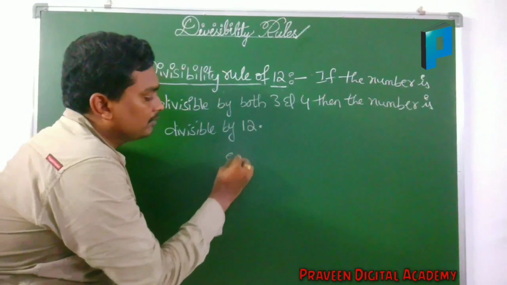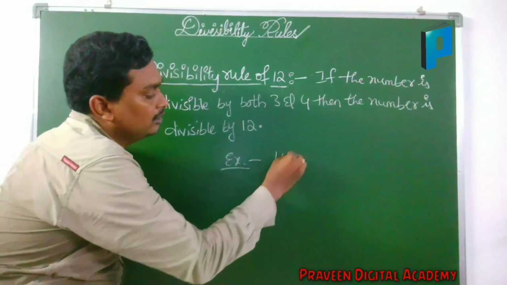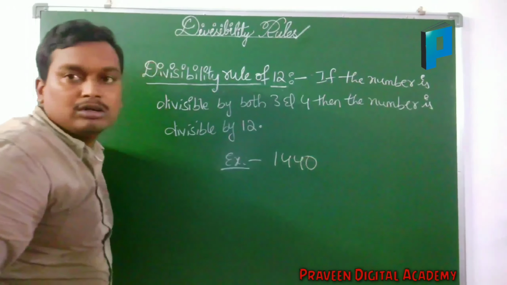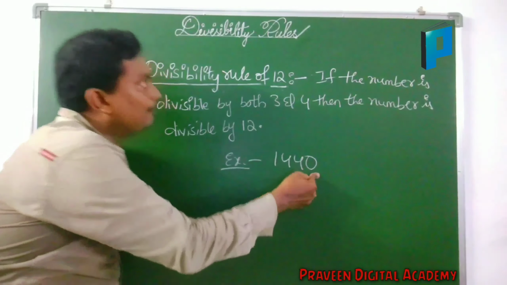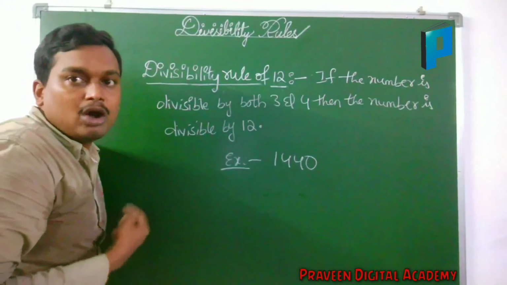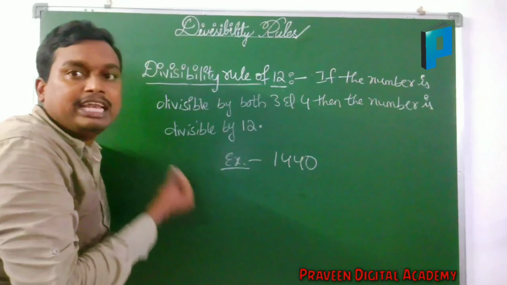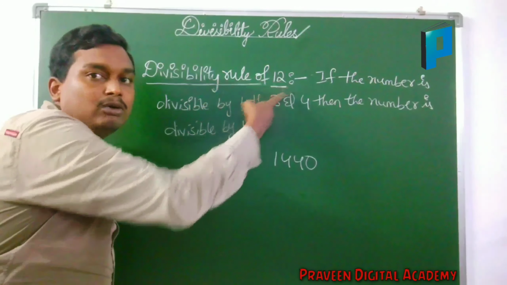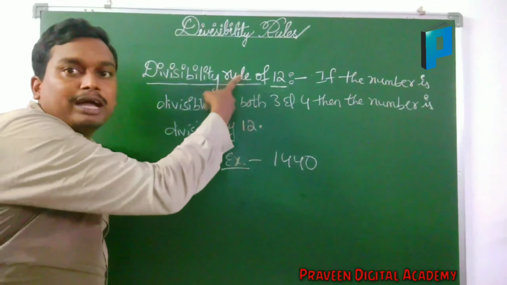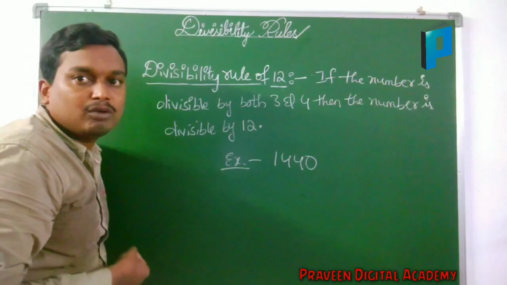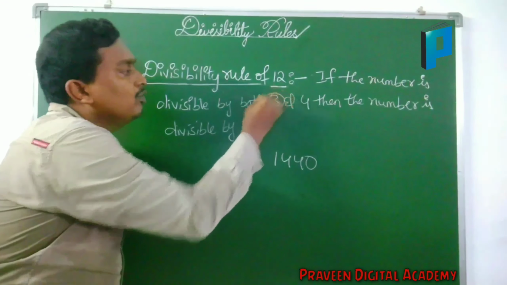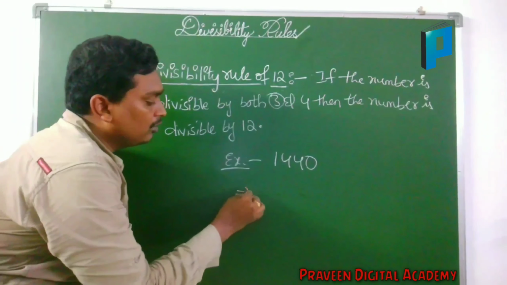For example, if you are having a question, 1440 is there. You should check whether this number is divisible by 12 or not. How to do it? You do not have any special rule to find out whether the number is divisible by 12 or not. For that, what will we do? We will take the divisibility rule of 3 first. What is the divisibility rule of 3?